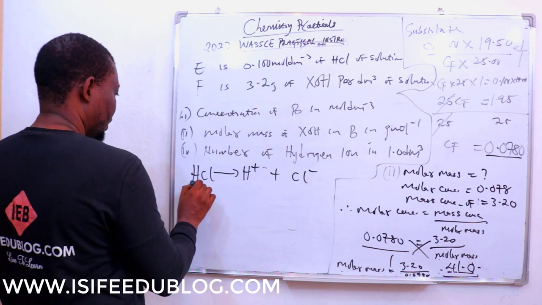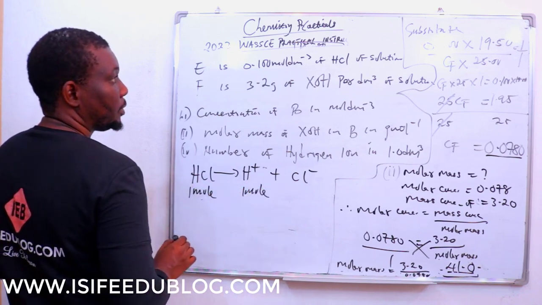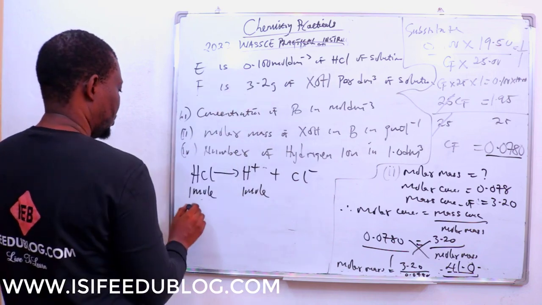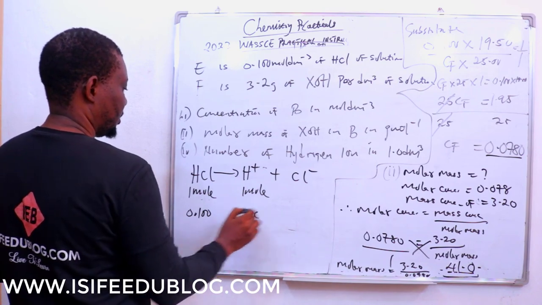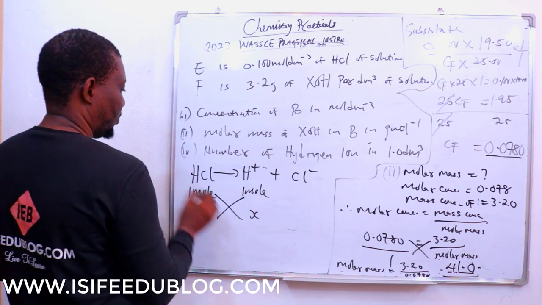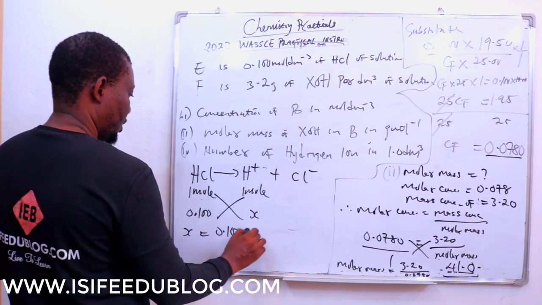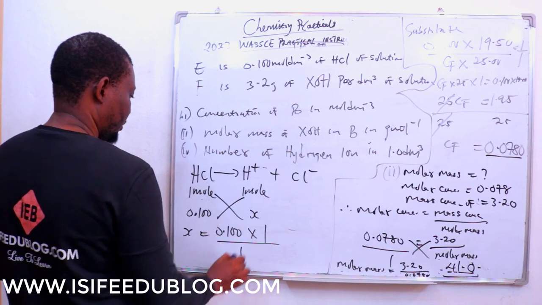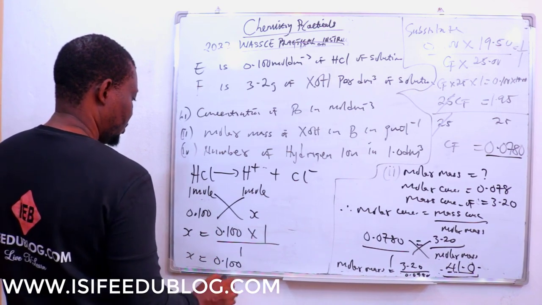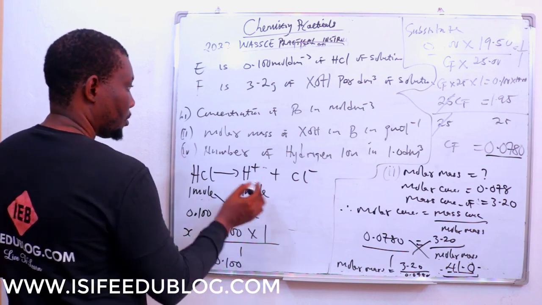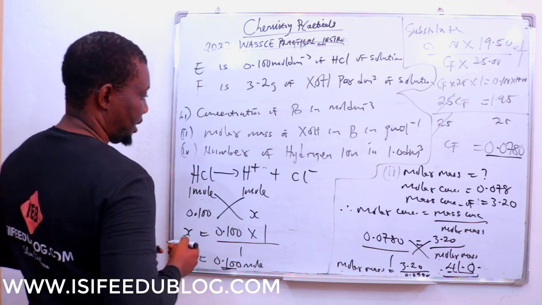So if 1 mole of this gives 1 mole of this, 0.100 now gives X. So when you cross multiply, X is 0.100 times 1 over 1. X is 0.100.